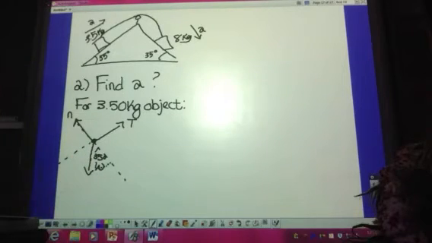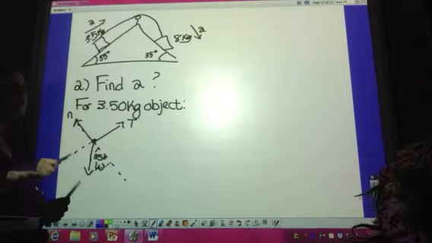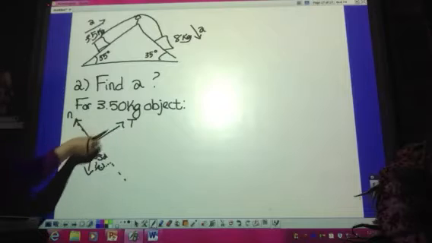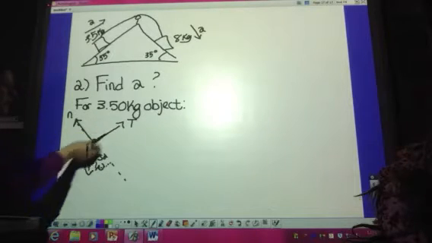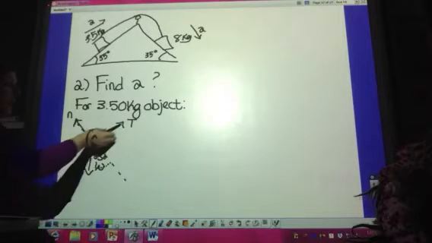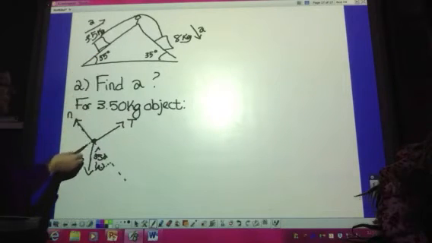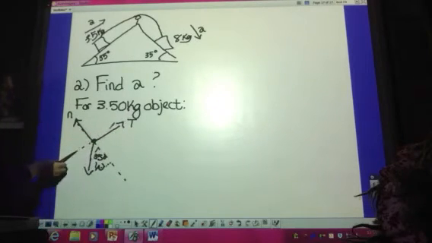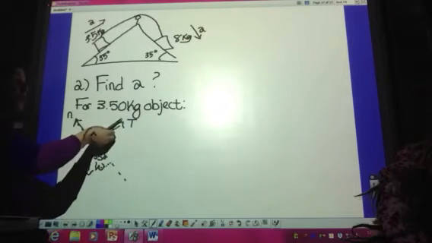Now, if I'm thinking about acceleration, here's my x-axis along here. So if that is the direction my 3.5 kilogram object is moving, then I need to find the acceleration in the x direction, which means I need to think about the forces that are acting in the x direction.